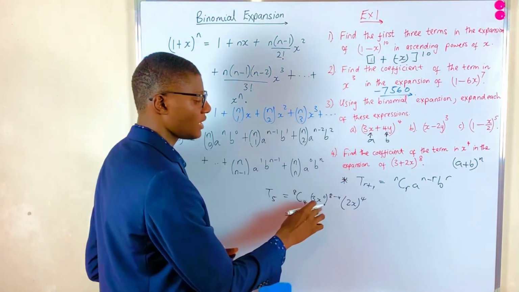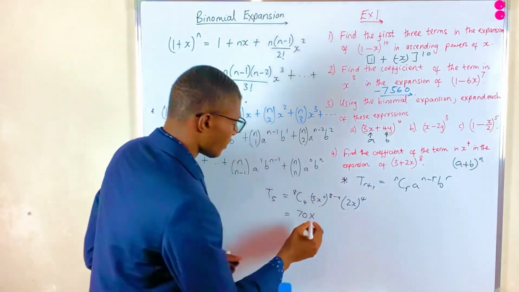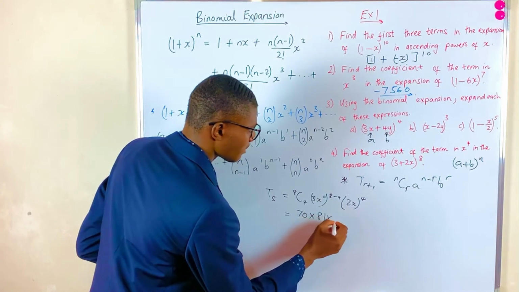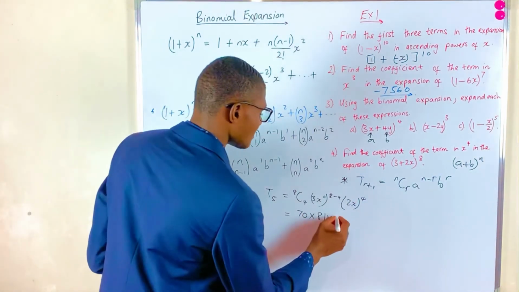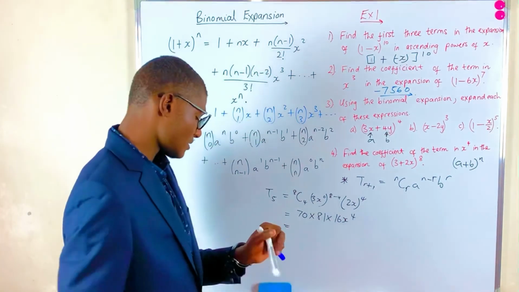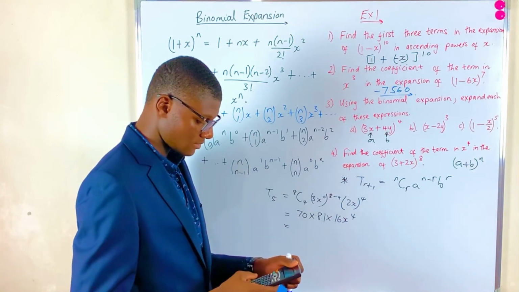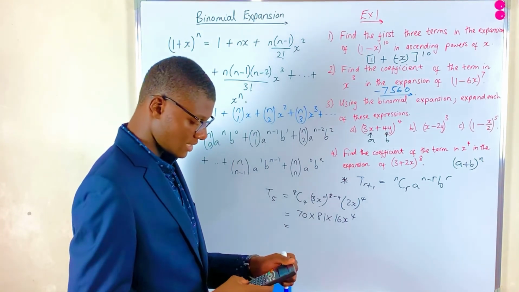Multiply by 3, this is just 1. 3 to the power of 4, that's what, 81. And then multiply by 2x to the power of 4, that's 16x to the power of 4. So if we multiply that, what do we get? We see. So I'm saying 70 times 81, then times 16.